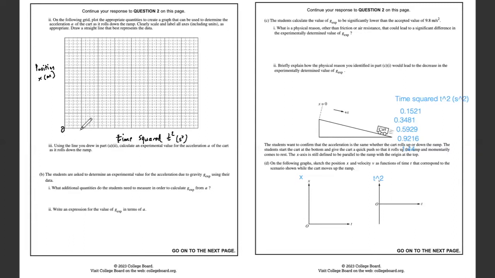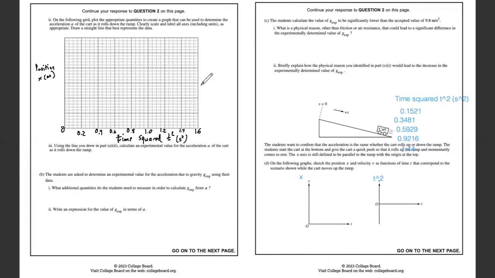How many big lines do we have on the horizontal axis? 1, 2, 3, 4, 5, 6, 7, 8. So I think a good scale to use would be 0.2 seconds squared. So we get 0.2, 0.4, 0.6, 0.8, 1, 1.2, 1.4, and then 1.6.